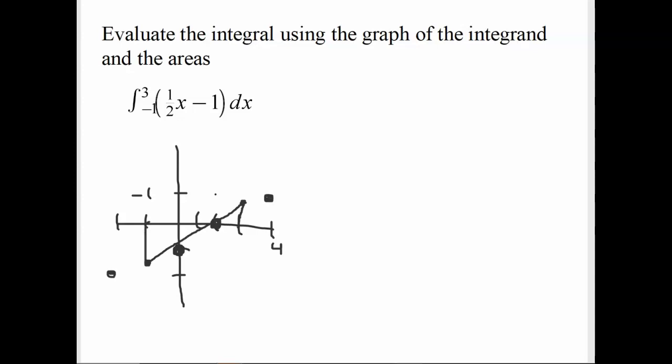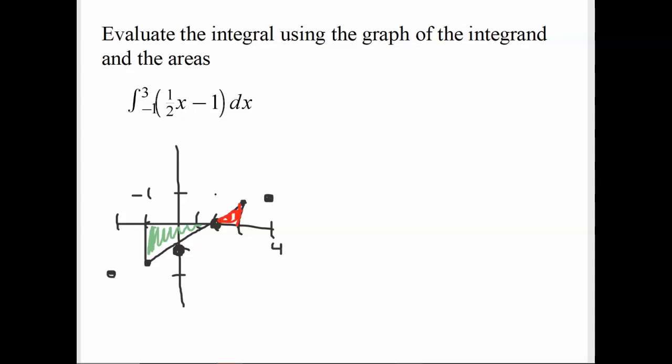So this integral is going to be like two triangles summed together, where you have a triangle below and a triangle above. So to find the value of the integral, you have to find the value of the two triangles, and you subtract the green one from the red one.